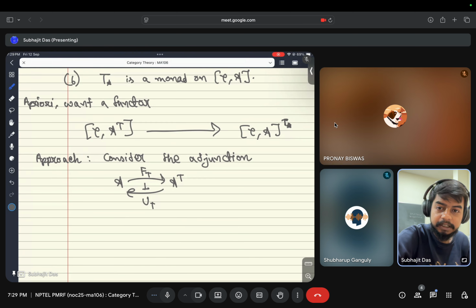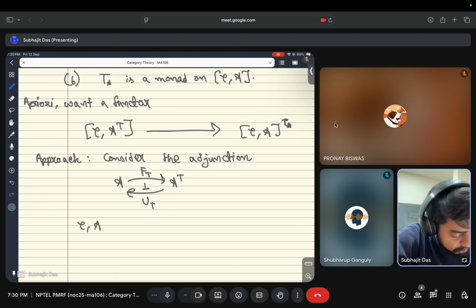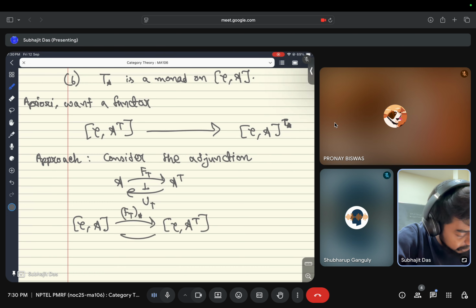So what does your intuition say? If I apply, so this is a functor. I mean, FT and UT are functors, right? And I can take C comma A, I can take C comma A power T, I can take FT star, and I can take UT star, right?